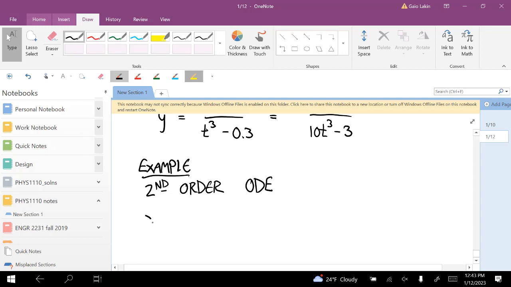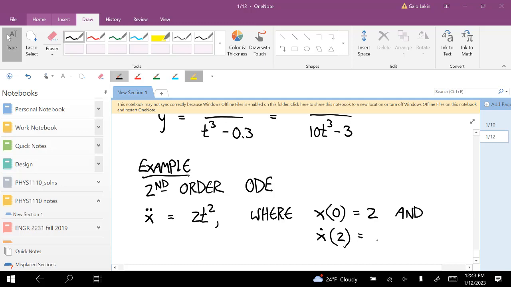Okay, so let's say that our differential equation is x double dot is equal to 2t squared, where x of 0 is equal to 2 and, actually let's do it with x dot at time equals 2 is equal to 4.